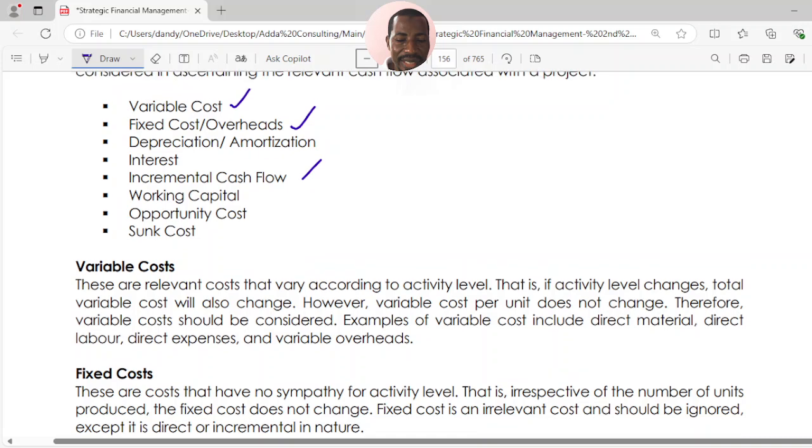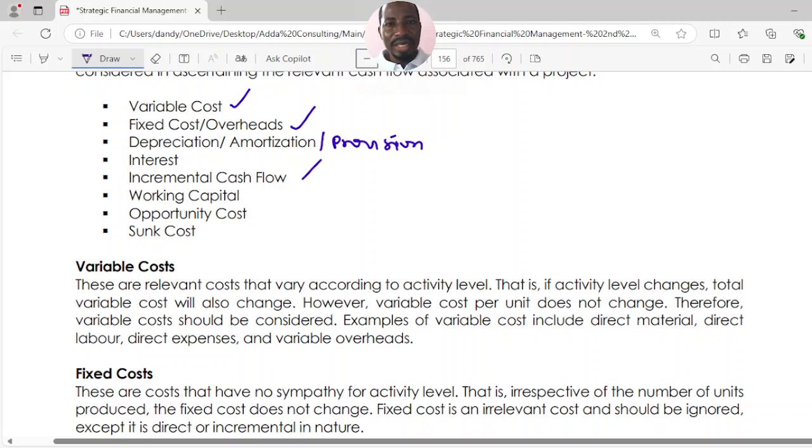Okay, so the next item that we want to discuss is depreciation, amortization, or provision. These are non-cash items and should be ignored. That is, they do not involve movement of cash.